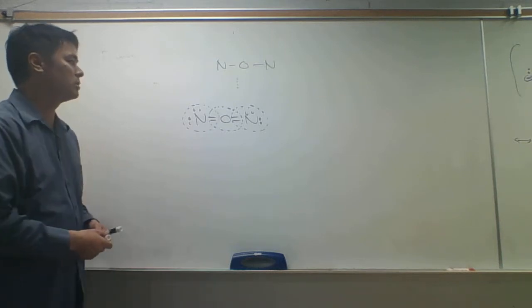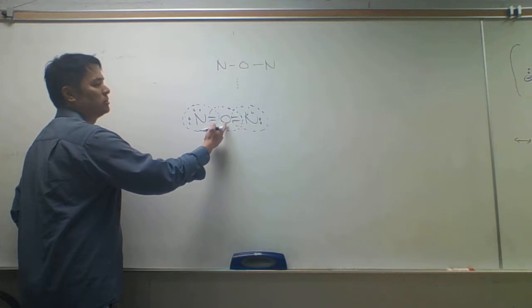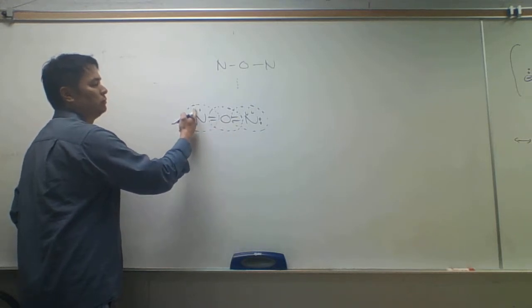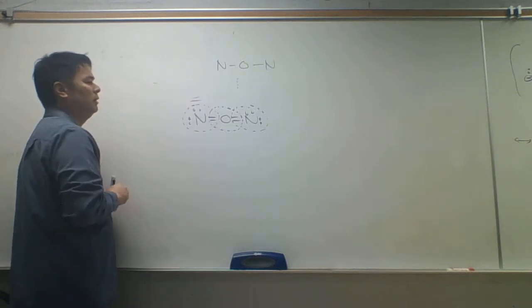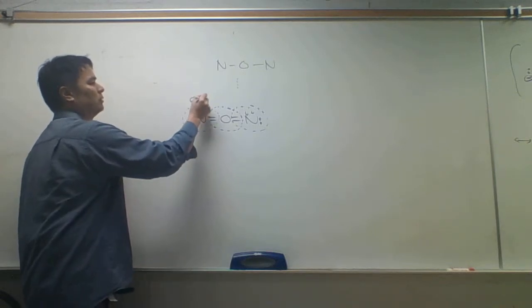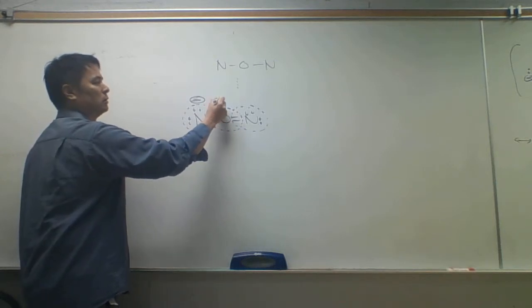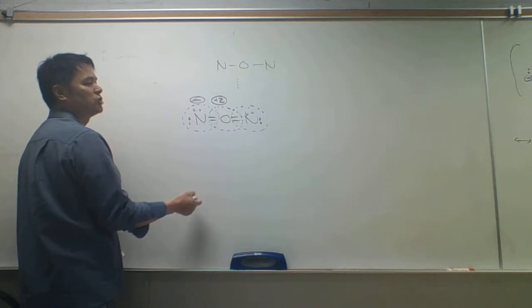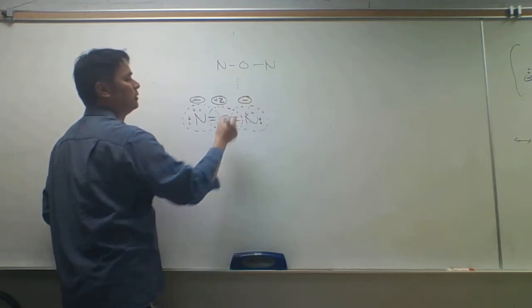The formal charges look bad. When we look at the formal charges, what's the formal charge on the nitrogen? 2, 4, 6. So this nitrogen has a negative formal charge. This oxygen, 2, 4, plus 2. This nitrogen, 2, 4, 6, negative.